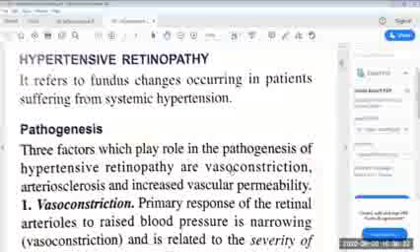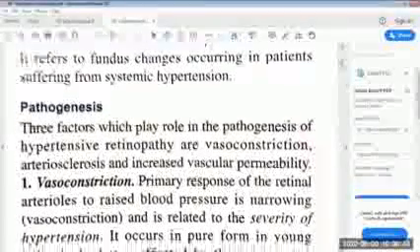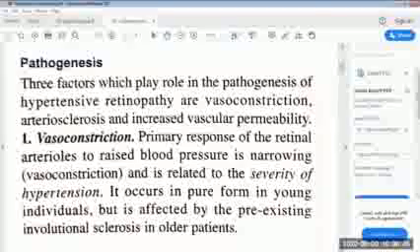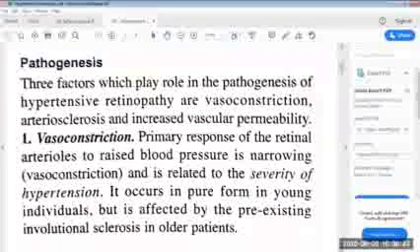What is the pathogenesis of hypertensive retinopathy? Three factors which play a role are vasoconstriction, arteriosclerosis, and the third one is increased vascular permeability. The first factor is vasoconstriction.